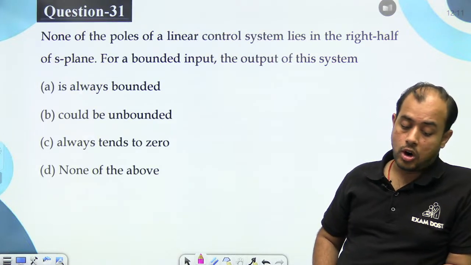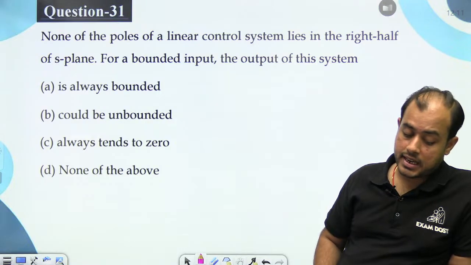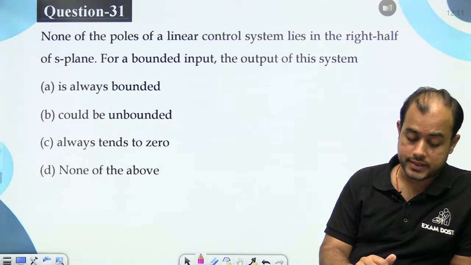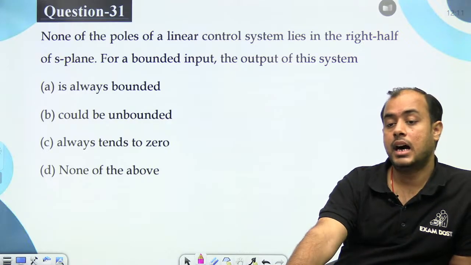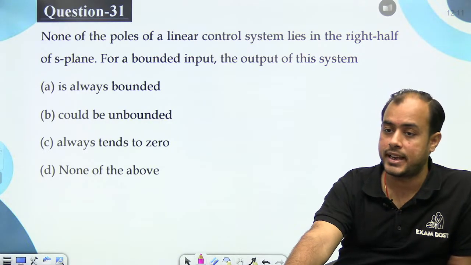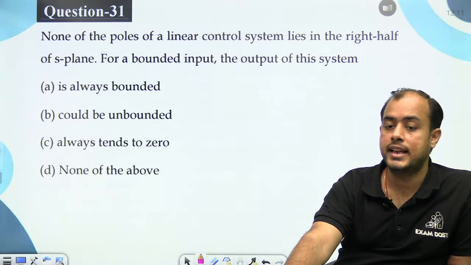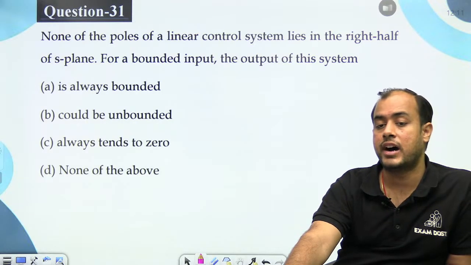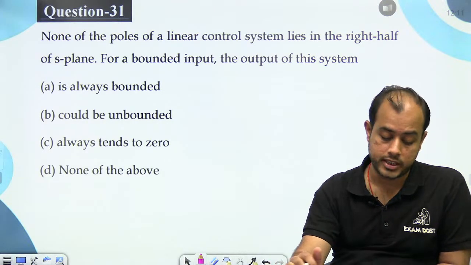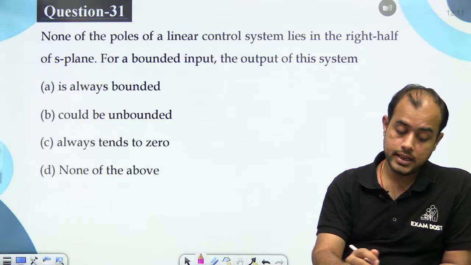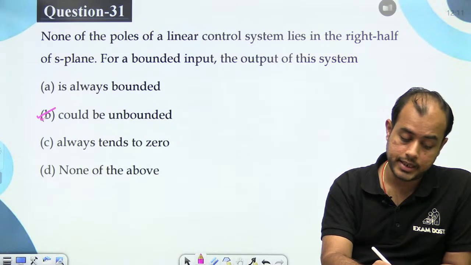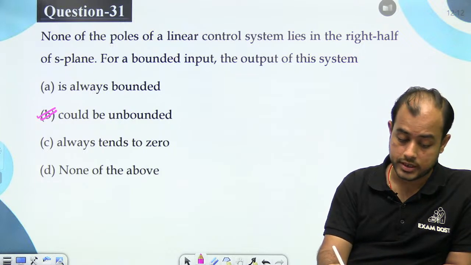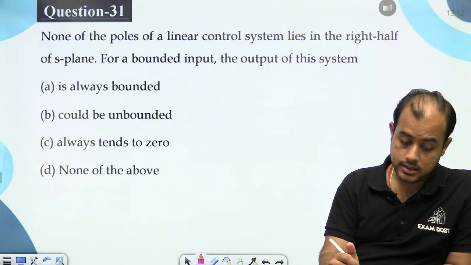Number of poles of a linear control system lie in the right half. For a bounded input, the output of this system. अब एक चीज बताइए, पोल राइट हाफ में है तो बाउंडेड इनपुट के लिए आउटपुट कैसा मिलेगा, बोलिए. What kind of output you will get when the input is bounded? It could be unbounded.